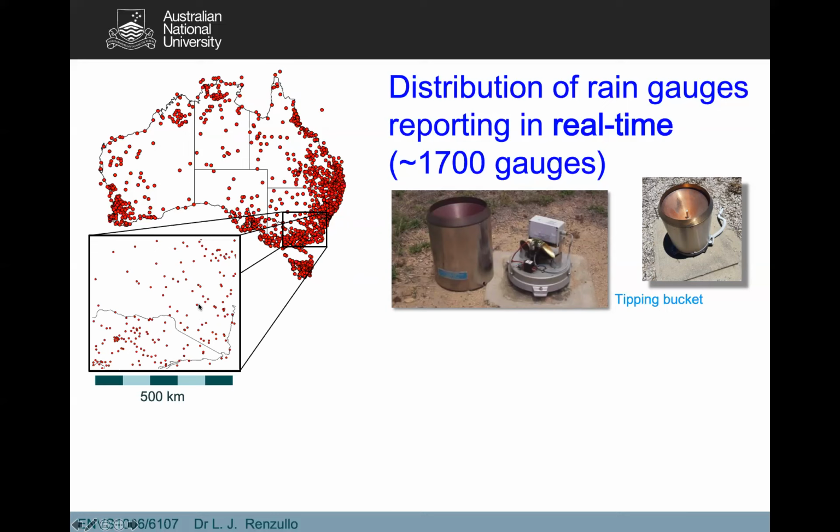You don't need me to tell you that often it can be raining in North Canberra or north of the ACT, but be dry down south, and that's only a matter of 10 or 20 kilometres. So the distribution of gauges, while it looks impressively dense, can still be inadequate in capturing rain information.